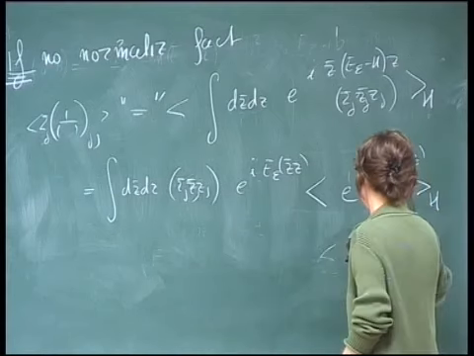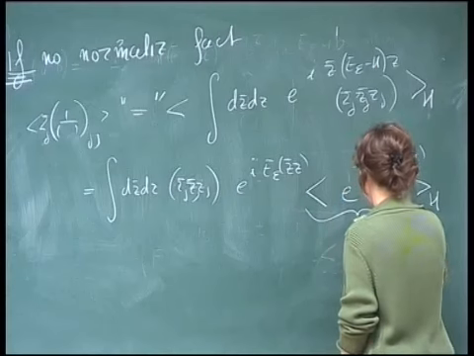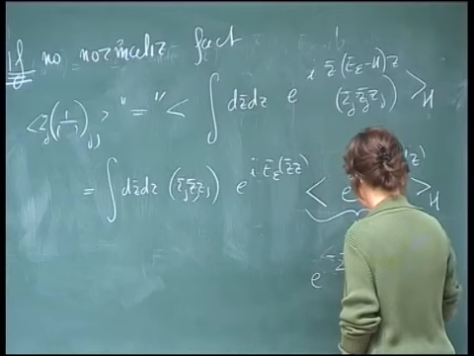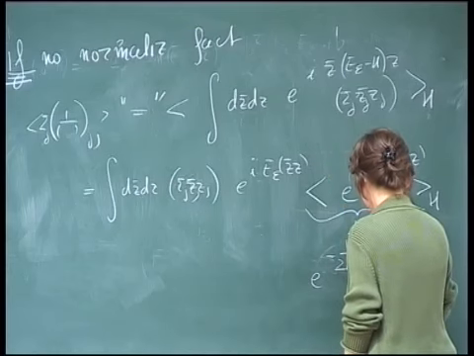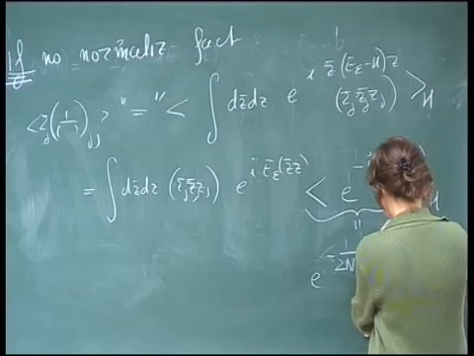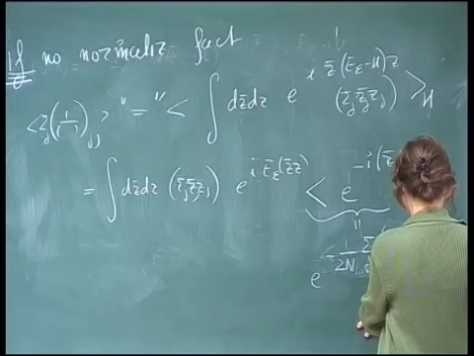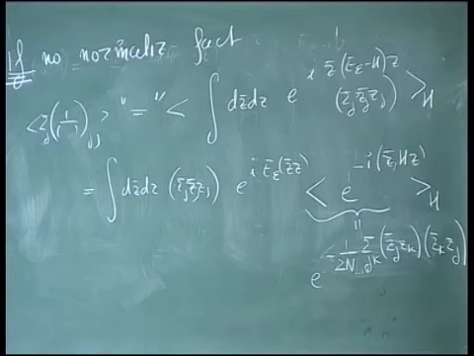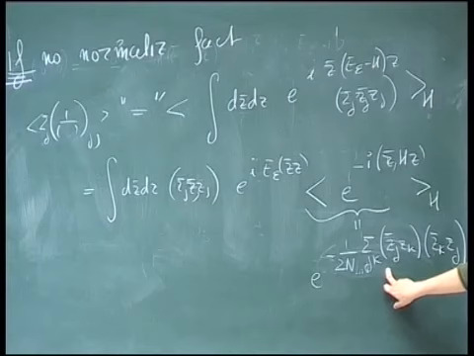This integral is just equal to e to the minus 1 over 2n sum over jk z bar j zk times z bar k zj. Okay, so forgetting the normalization factor, we managed to take the average over h.